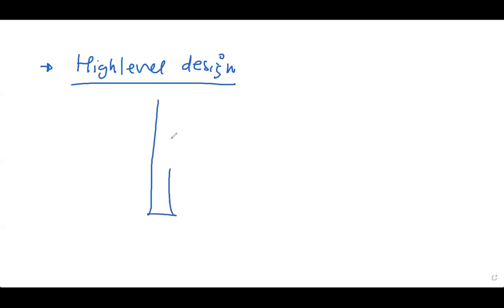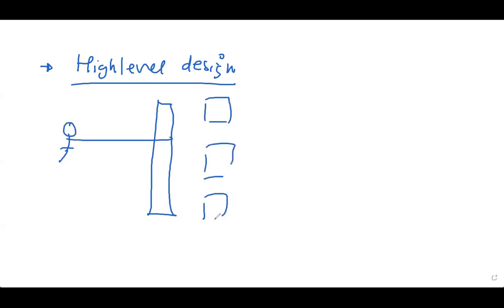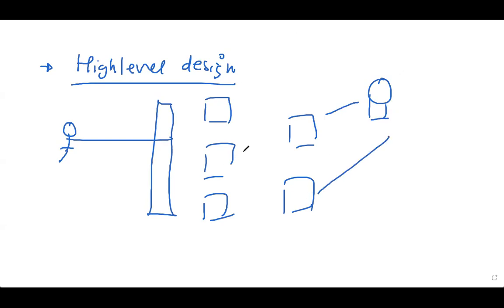We have this load balancer, we have this user, we have these web servers, and these application servers which are talking to the database, right? That's pretty much our system design, high level.